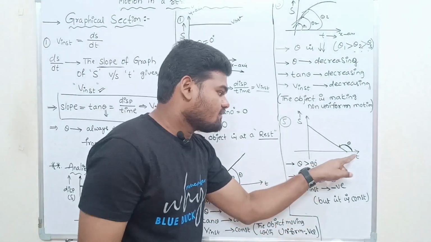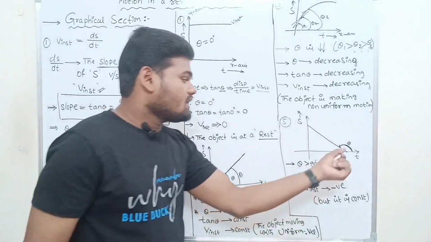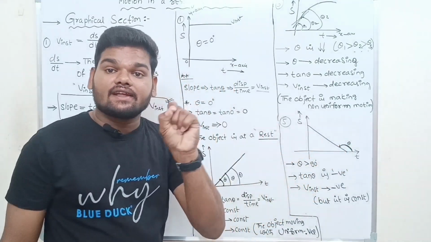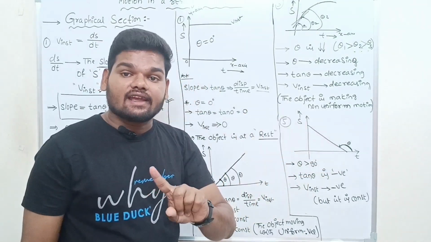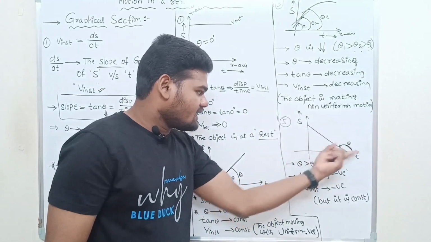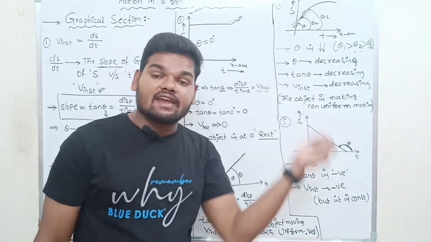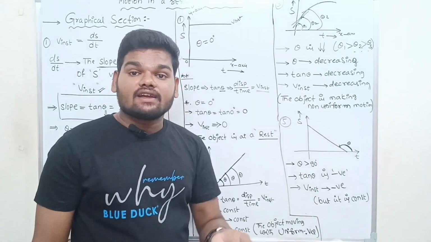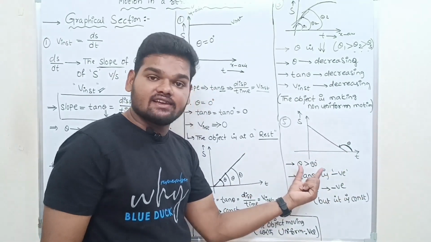Why? Because from the positive x-axis, every point on the slope is at a constant angle. That means theta, theta, theta, theta, theta. All are theta. The angle is not increasing, the angle is not decreasing. But angle theta is constant, although it is greater than 90 degrees.